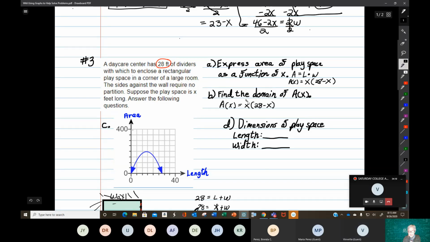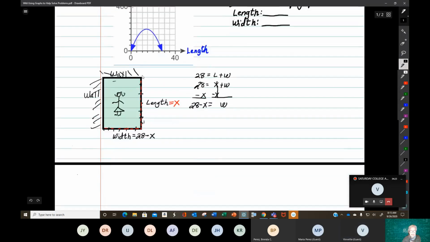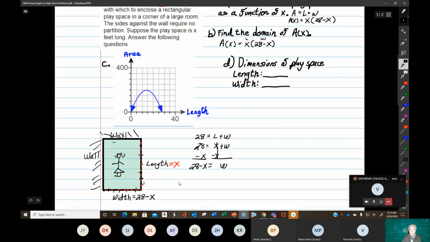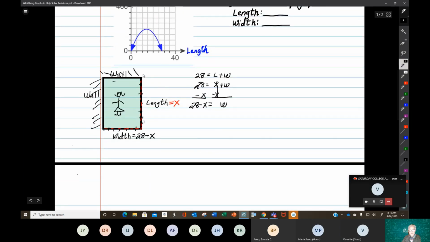Now, this is the length, and this is the width. If the length were 0, then all 28 feet of the dividers would be smashed up against that wall. And if 28 minus x, the width, were 0, then all 28 feet of the dividers would be smashed against this wall. No kids would fit, no toys would fit, because it would be flush.